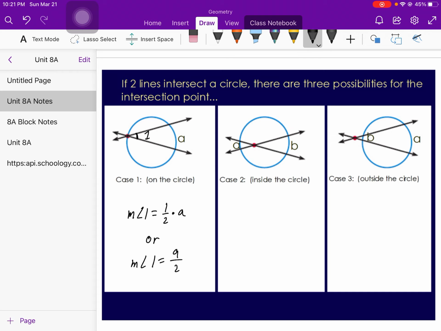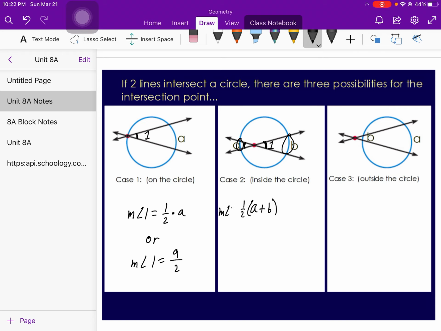That's another way you could get it. This one, again, we're missing this angle 1, so we're just going to put a 1 there. If we wanted to find this angle here or this angle here, since they're vertical angles, they'd be the same thing. What we would do with this one is add the 2 intercepted arcs of A and B together, and then multiply them by 1/2.